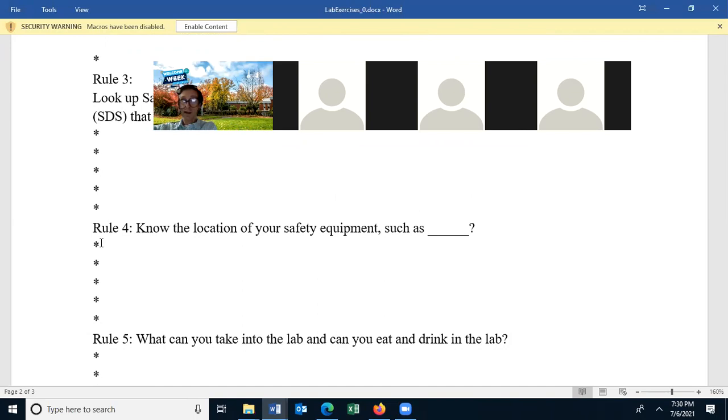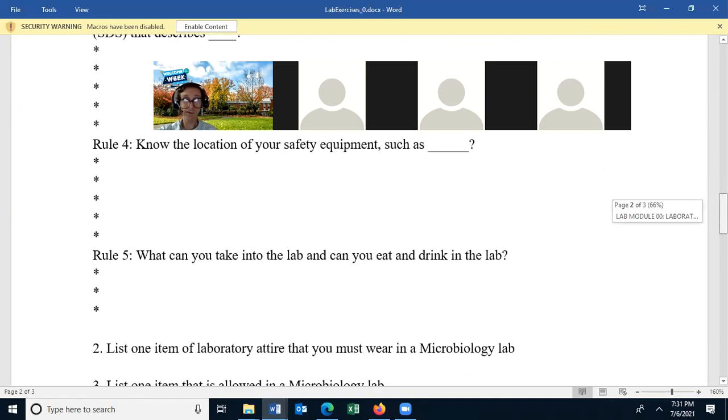And obviously you're not going to actually go in the lab, so every lab, if you were to go into it, has this safety equipment. And I've never had to use a fire extinguisher, but it's there just in case a fire happens, especially if somebody catches on fire, and then we can put it out. Okay? And there's other safety equipment in the lab. You can read about it. It's in Lab Module 00.